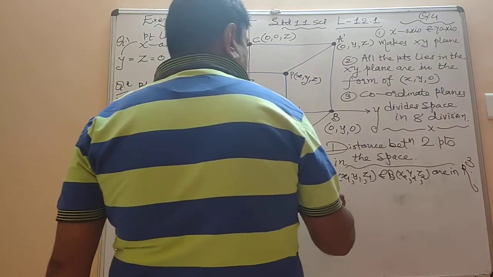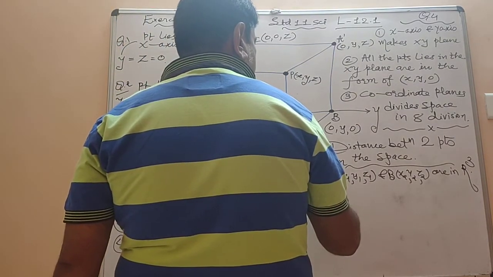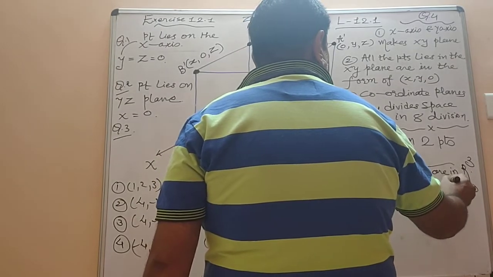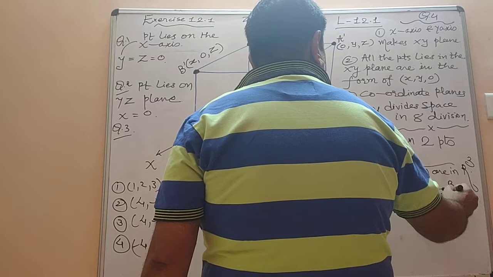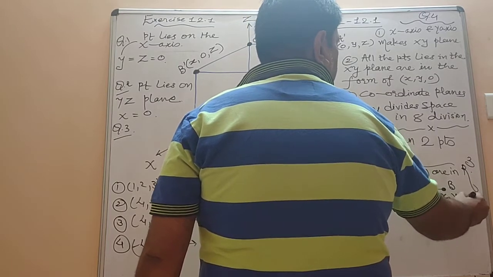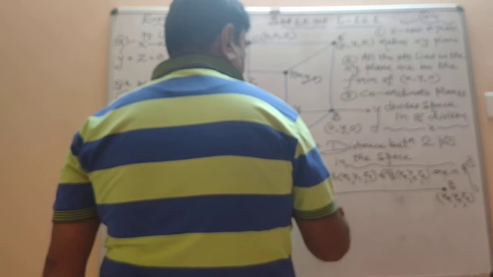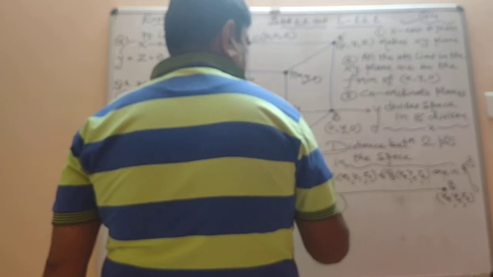So A point is in the space and B point is in the space. It is B x2, y2, z2 and it is A x1, y1 and z1.